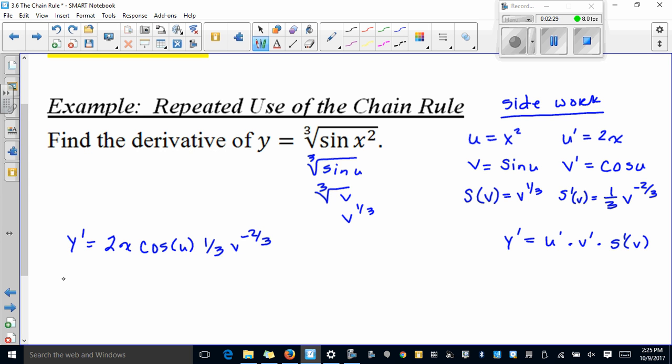So y prime equals 2x cosine of u, which is x squared, times 1/3 v. V is sine of u, but u is x squared.